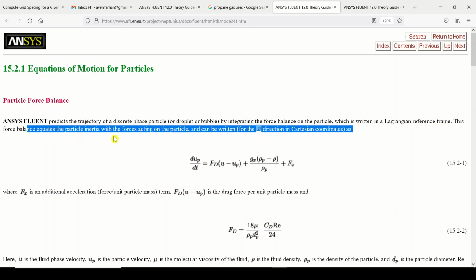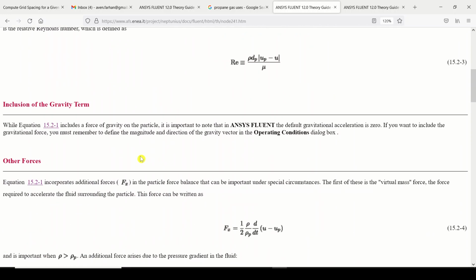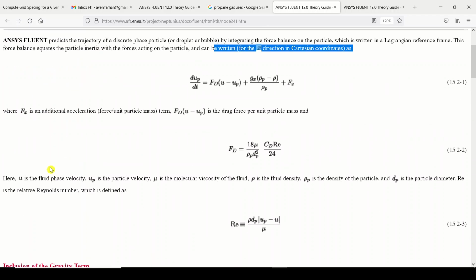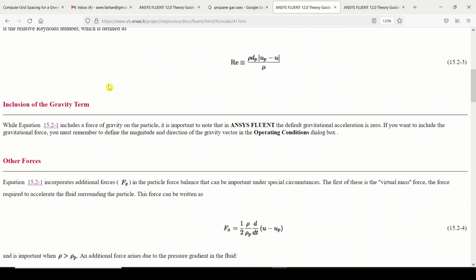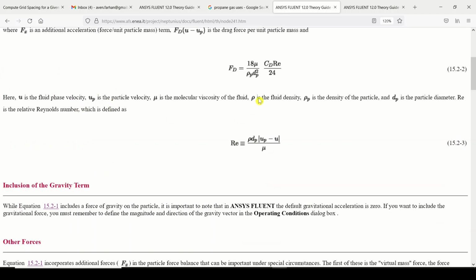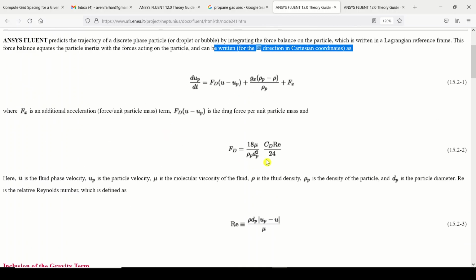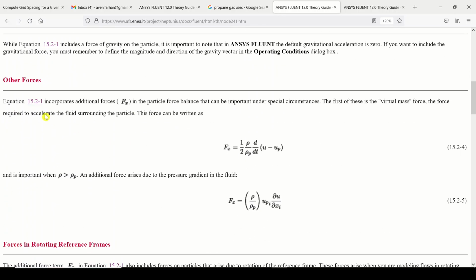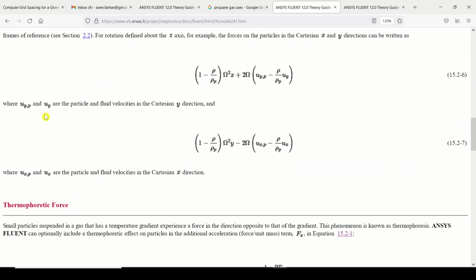This force balance equates the particle inertia with the forces acting on the particle and can be written as follows. This is all technical, which we are not diving into because it will take a lot of time to understand, but I really recommend you read up and catch up on what the terms are, and that will be very helpful for you.